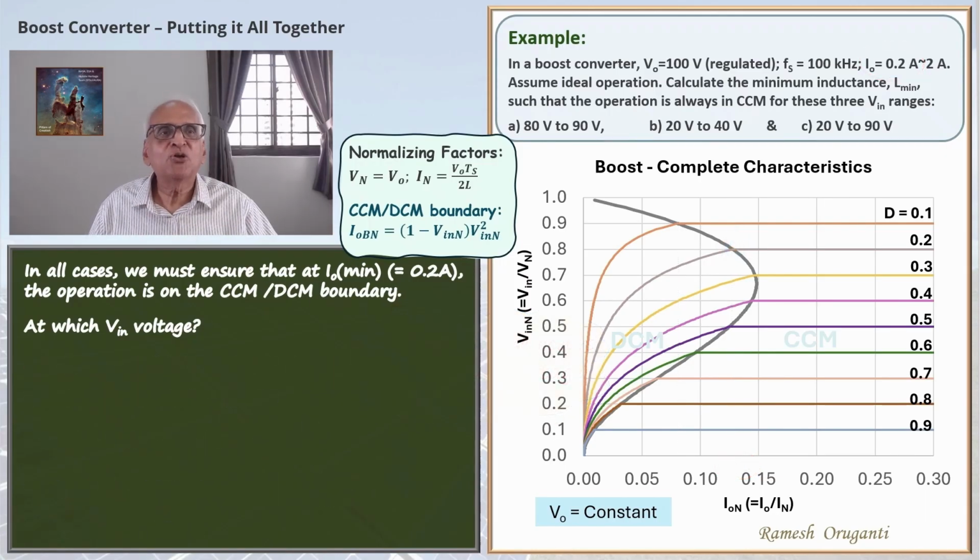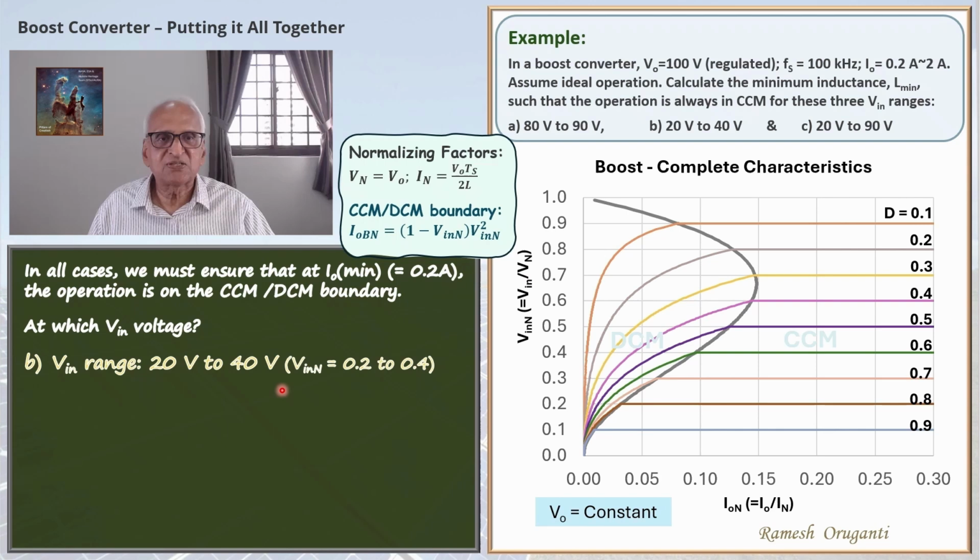Next, we will move on to case B. The Vin range here is 20 to 40 volts. The corresponding VinN range is 0.2 to 0.4. And we can mark that on the y-axis, 0.2 to 0.4. Let's take the minimum voltage, 20 volts, that is VinN equal to 0.2, and locate that on the boundary.